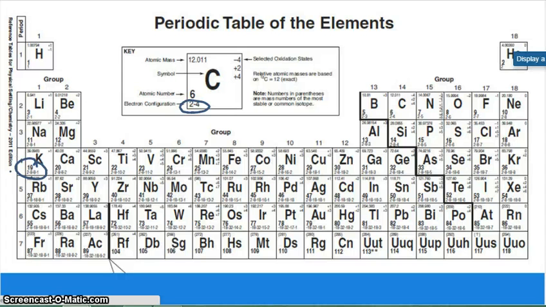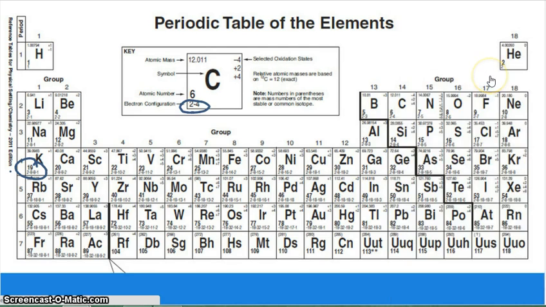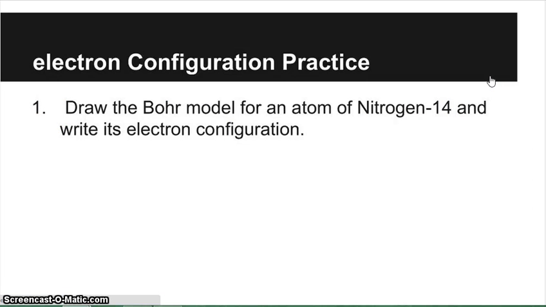Now that you know where to find it, this is pretty straightforward for finding the electron configuration for some of these elements. So if you had to draw the Bohr model for an atom of nitrogen-14 and write its electron configuration, first off, you need to know protons, neutrons, and electrons. So let's start with that. If it's nitrogen, we would find nitrogen on the periodic table.